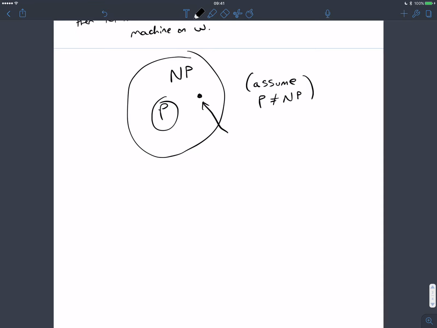But how would I prove it? What type of problem would that look like? Well, it seems to be a really quote-unquote hard problem, right? Well, what does hard mean in this case?